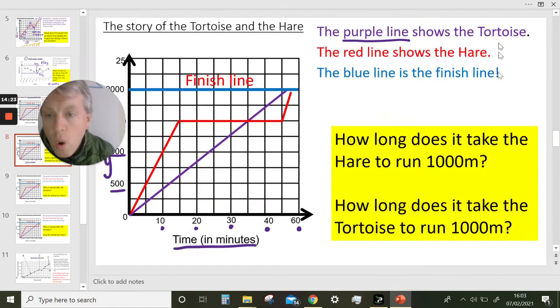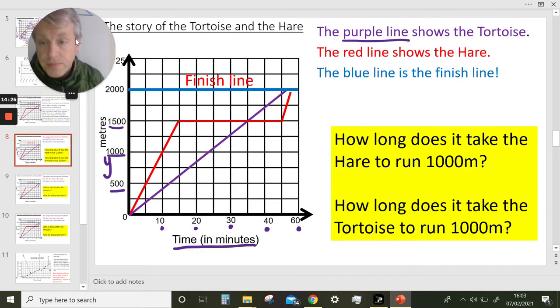To run 1,000 metres, we go along here, here's the 1,000 metre line, so we're going across, that's the hare's line, so let's now go down to see the time. Okay, when we go across and go down, it takes the hare 10 minutes.